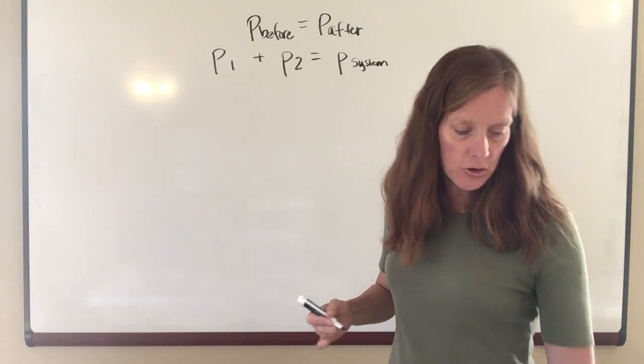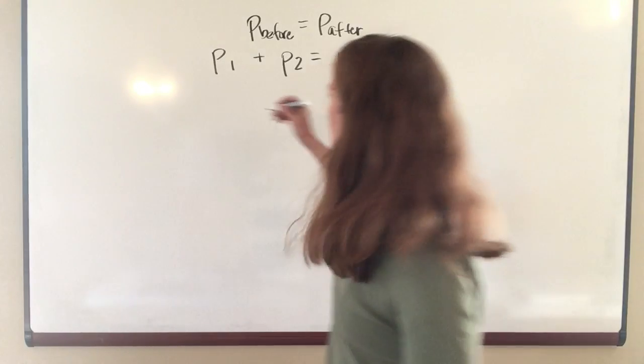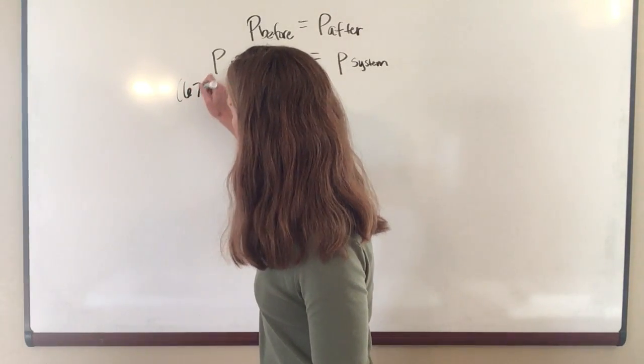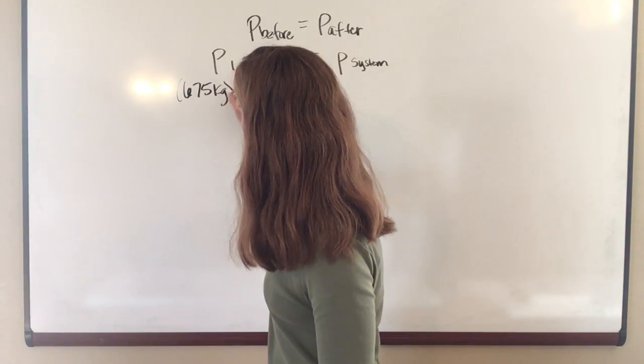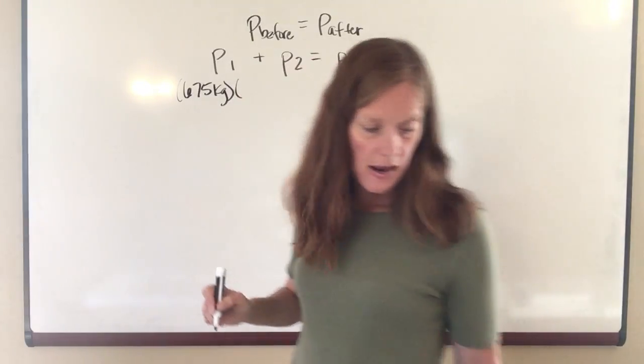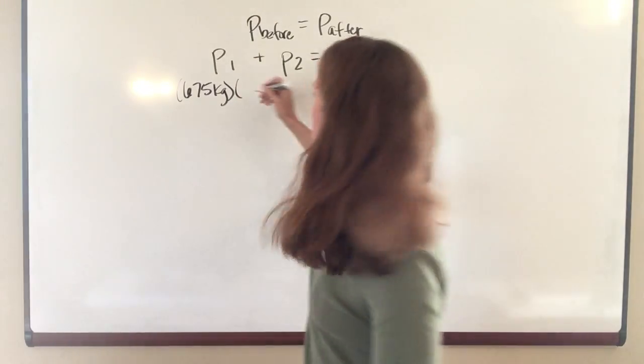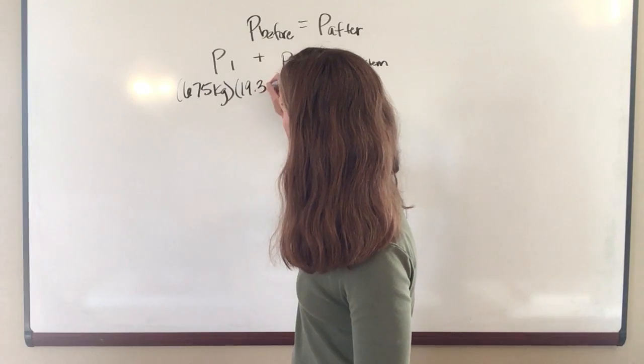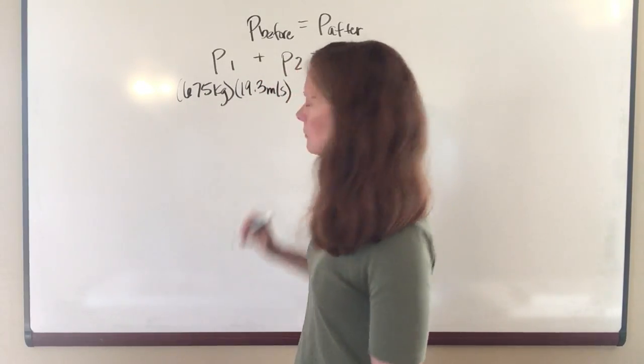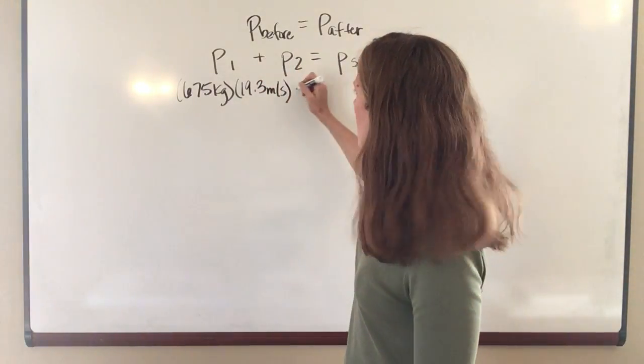The first car is 675 kilograms. That's its mass, and it is moving with a velocity of 19.3 meters per second. Okay, so that's car 1.